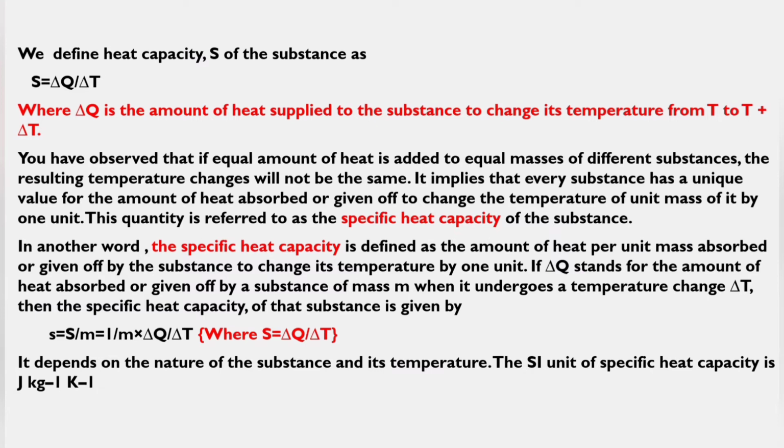This quantity is referred to as the specific heat capacity of a substance. In other words, the specific heat capacity is defined as the amount of heat per unit mass absorbed or given off by the substance to change its temperature by 1 unit.